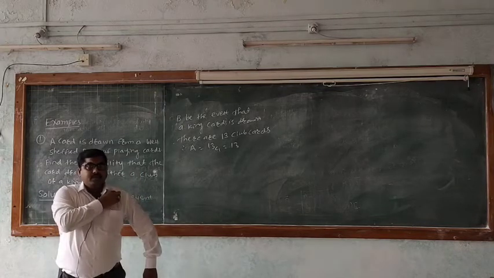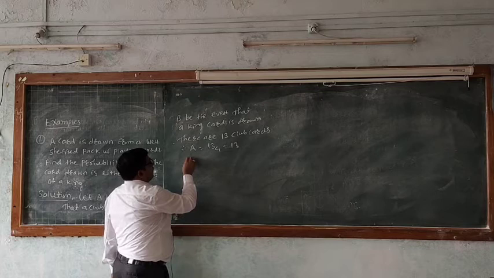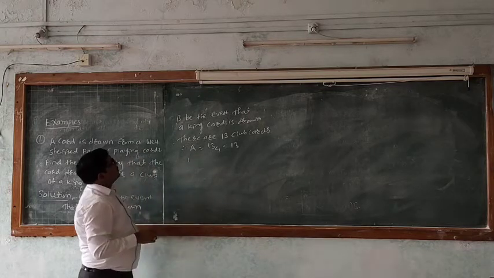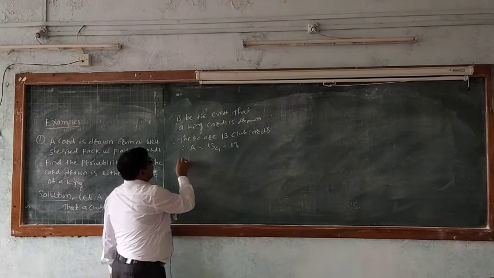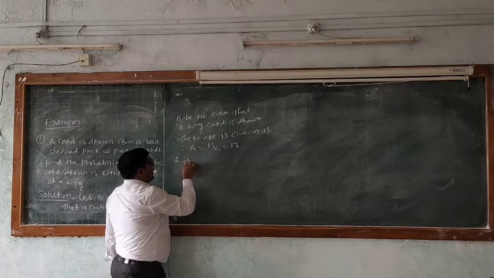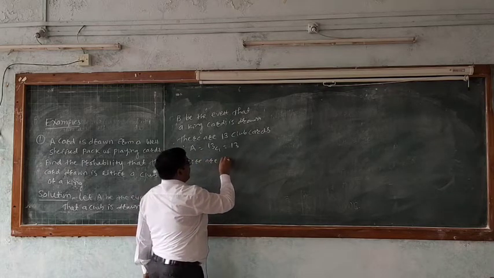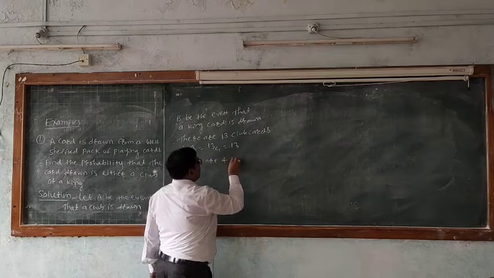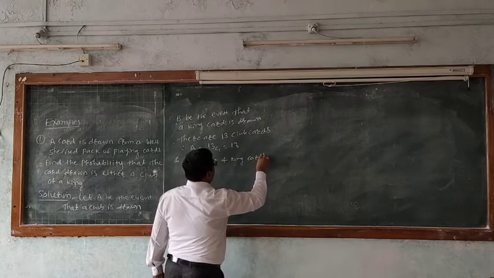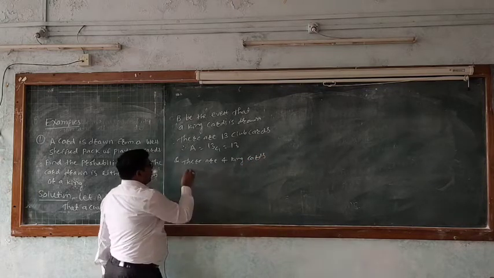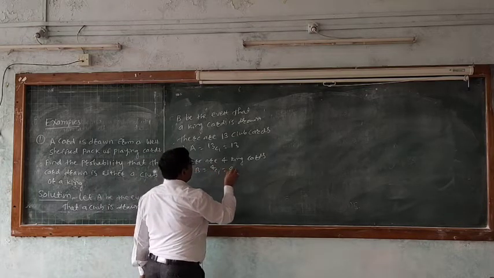Now B, king cards, and there are 4 king cards. Therefore n(B) equal to 4C1.